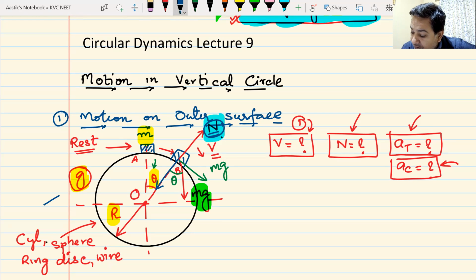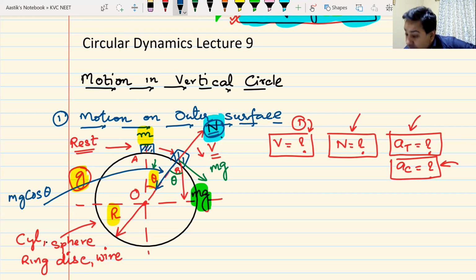So, this component becomes my mg cos theta component. And the green component becomes mg sin theta component. And now I want you to remember this. It's very easy to understand this, but I want you to remember this always and never forget.